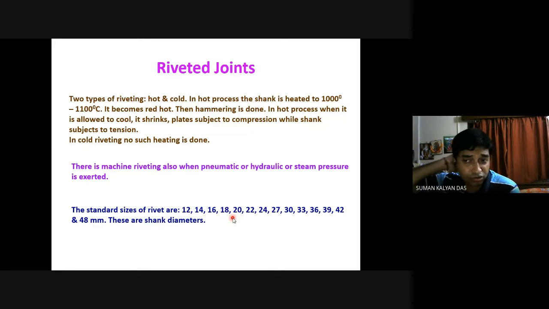You will go to the market and ask the shopkeeper to please give me 100 rivets of, suppose, mild steel. Then the shopkeeper will ask what the size is, and you tell him 20 mm. He will understand that 20 mm refers to the shank dia, and he will give you the correct rivets. So these are the rivet diameters.